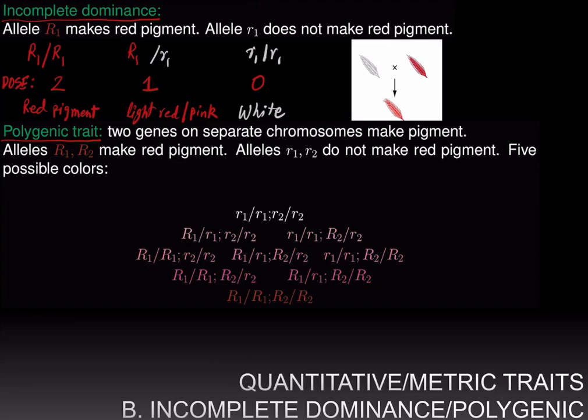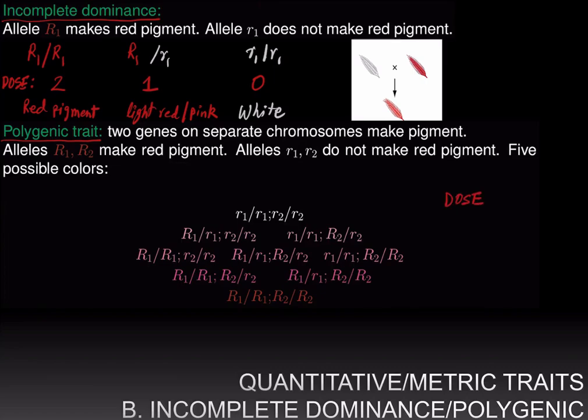So let's say alleles big R1 and big R2 make red pigment. So we have gene 1 and 2, and the alleles little r1 and little r2 do not make red pigment. And that will give us 5 different doses.